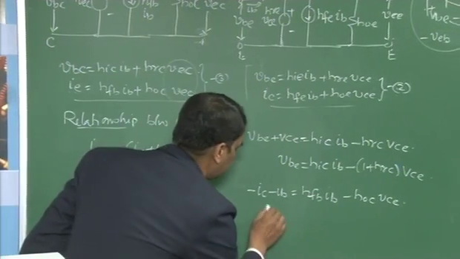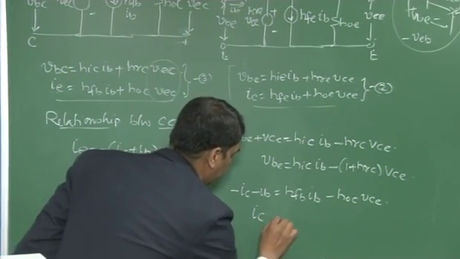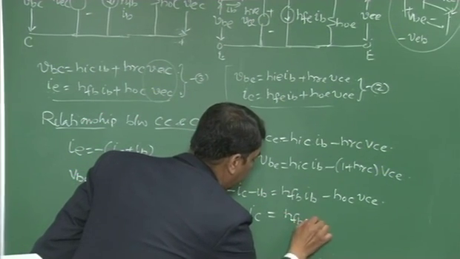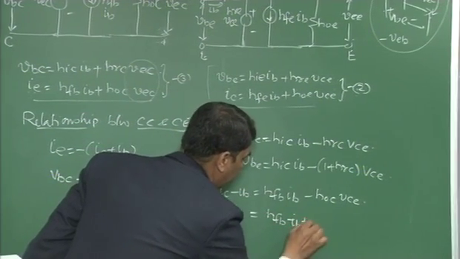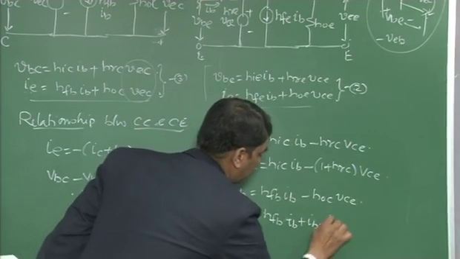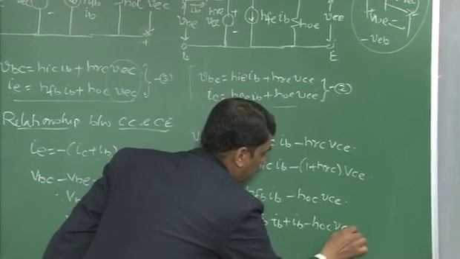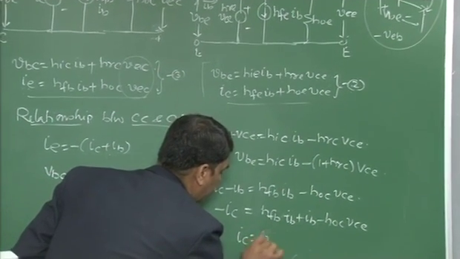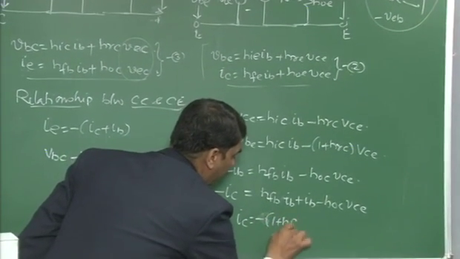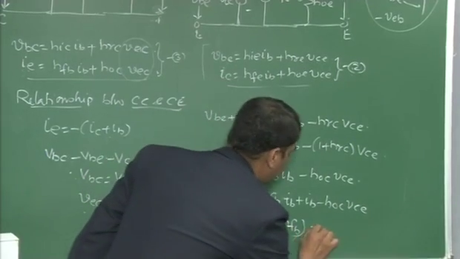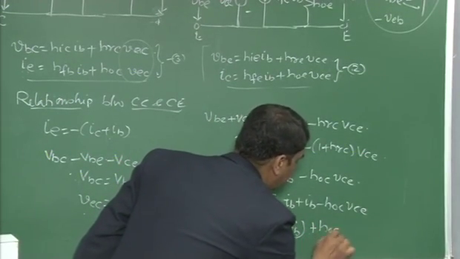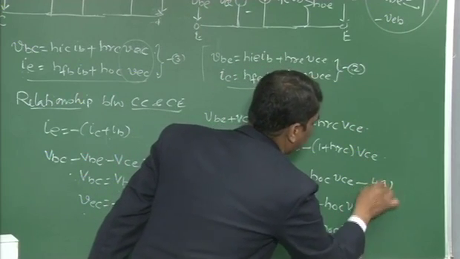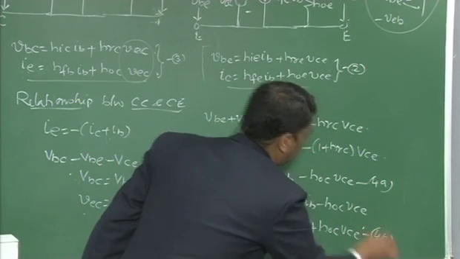Then minus IC is equal to HFB IB plus IB minus HOC VCE. Then IC is equal to minus of 1 plus HFB IB plus HOC VCE. You call this equation 4A, and this equation 4B.